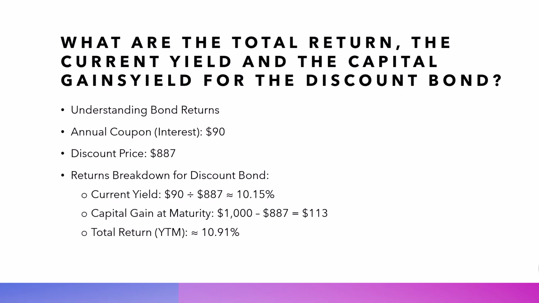So the current yield is $90 divided by $887, which is 10.15%. And the capital gain on maturity is basically the $1,000 we talked about in the previous slide minus $887, which is about $113.